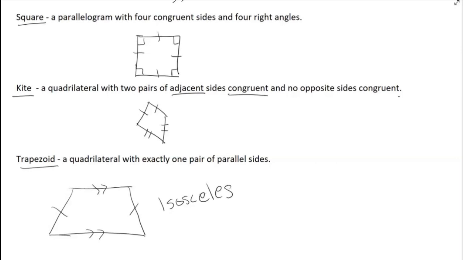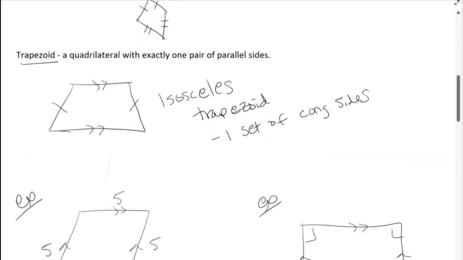And an isosceles trapezoid also has one set of congruent sides. So this would be a special form of the trapezoid. And we're going to see one of these in our examples.